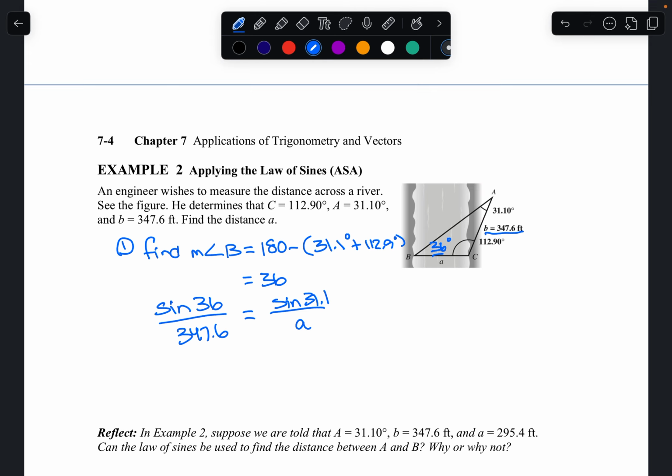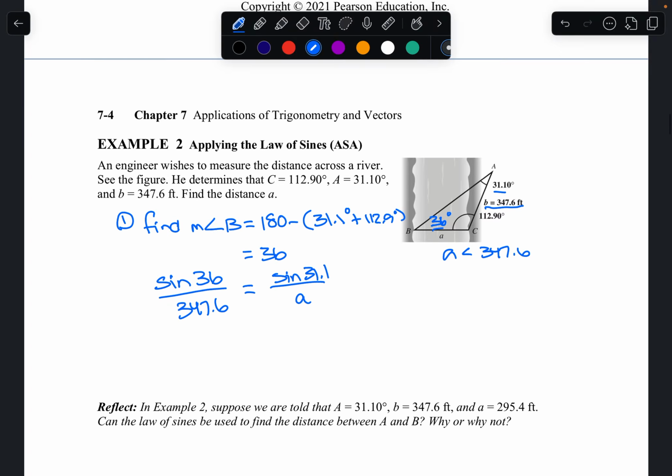So since 31.1 is less than 36, we know for a fact that our answer for A has to be less than 347.6.